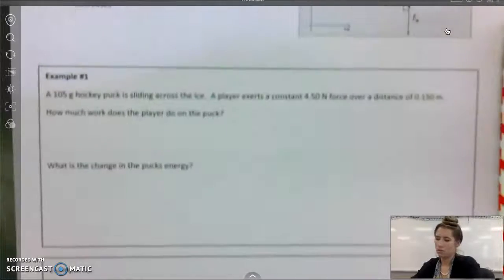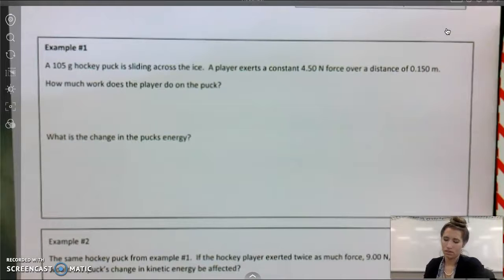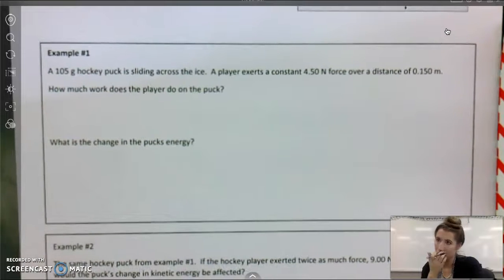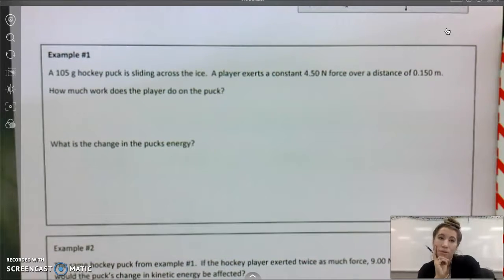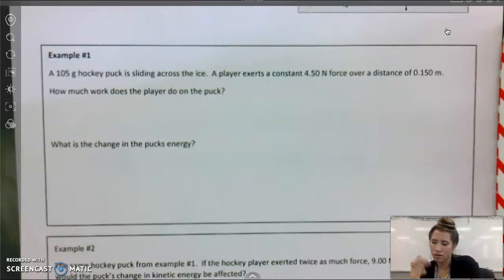Okay, let's move on to the examples here. So, example number 1. Let's read through this, and then I want you to give this a go, and then we'll come back in the next video and we'll do the work together. But I want you to try it on your own first. A 105-gram hockey puck is sliding across the ice.